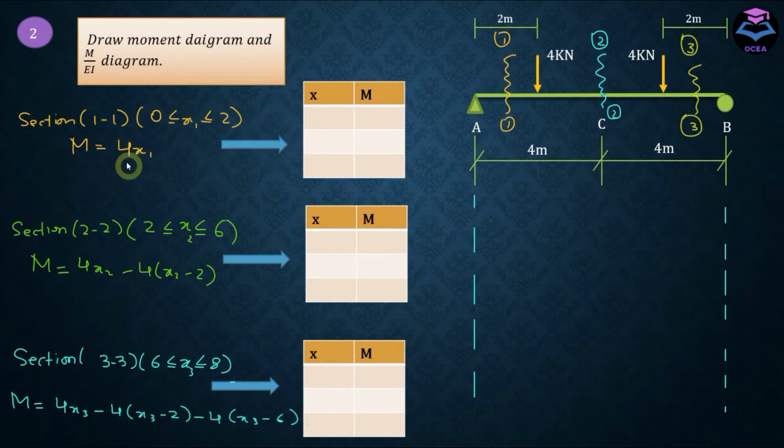To draw a bending moment diagram, I'm going to insert certain values of x in this equation. So I'm going to insert 0, 1, and 2. And after substituting these x values into this equation, M comes out to be. And for this equation, let's take interval as 2, 4 and 6.